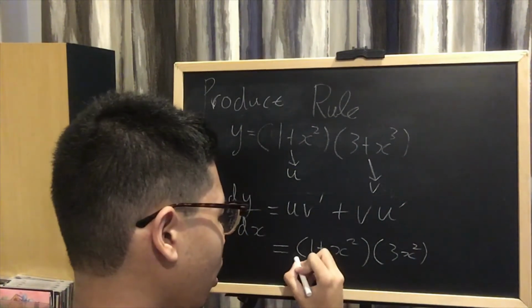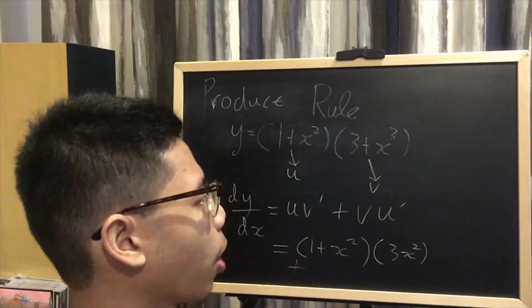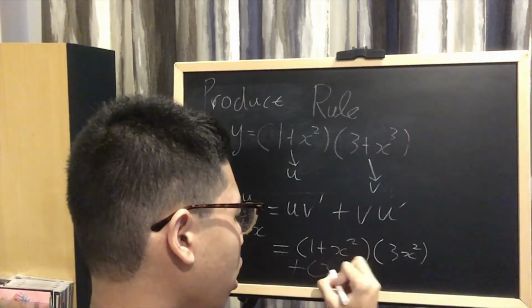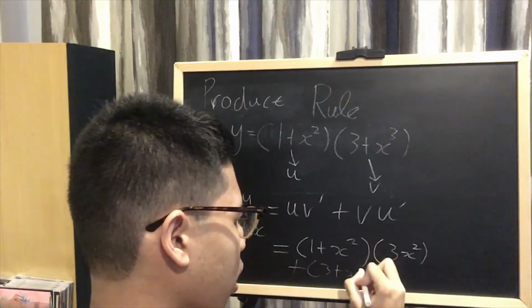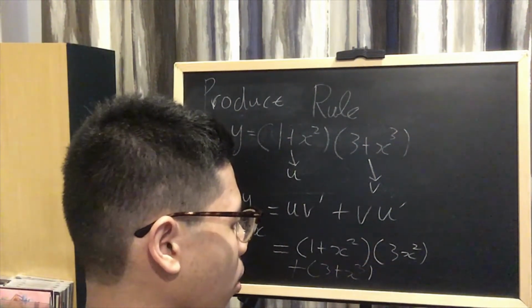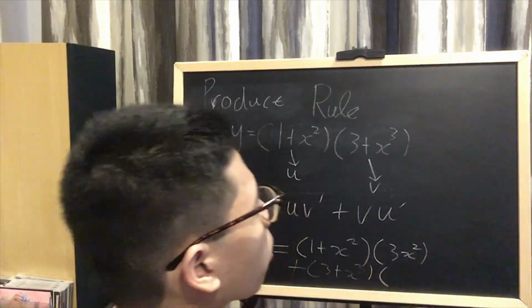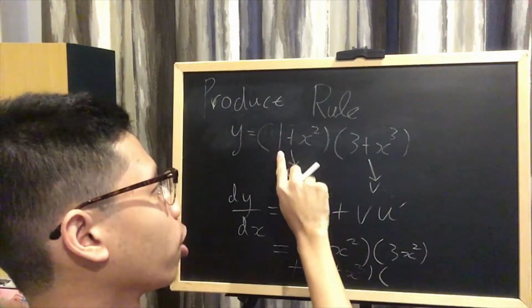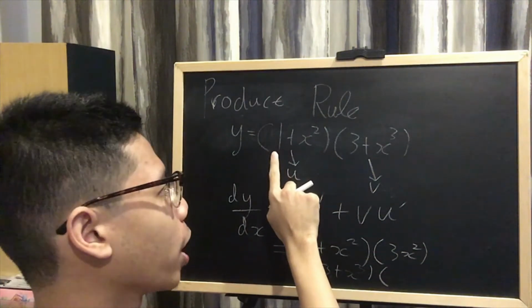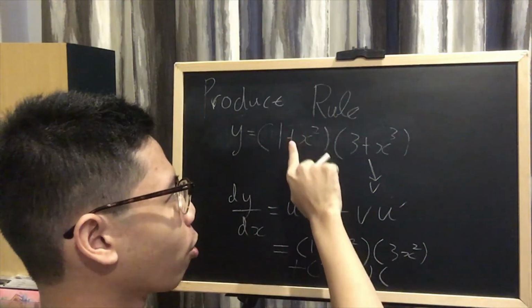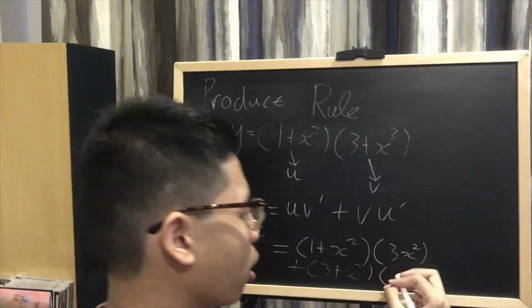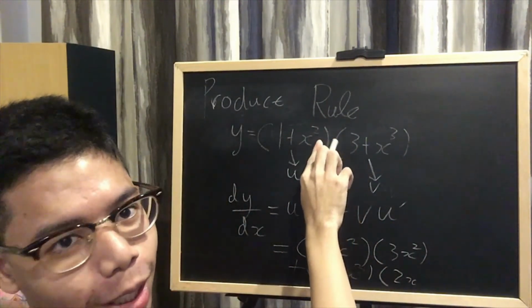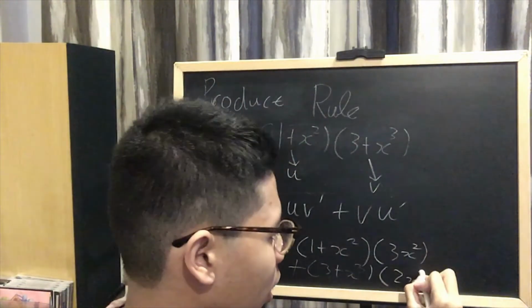Now the second part is just taking v, 3 plus x cubed, and then differentiating u now. So when you differentiate this one, this goes away, bring the top to the front, then that's going to be 2x, and then the top minus 1, so 2 minus 1, it's just like that.